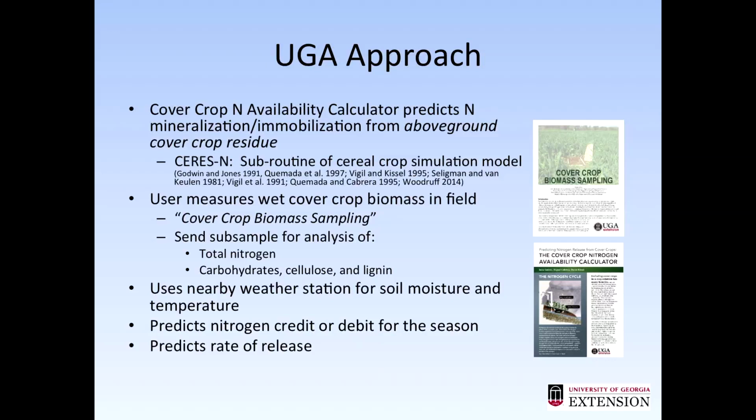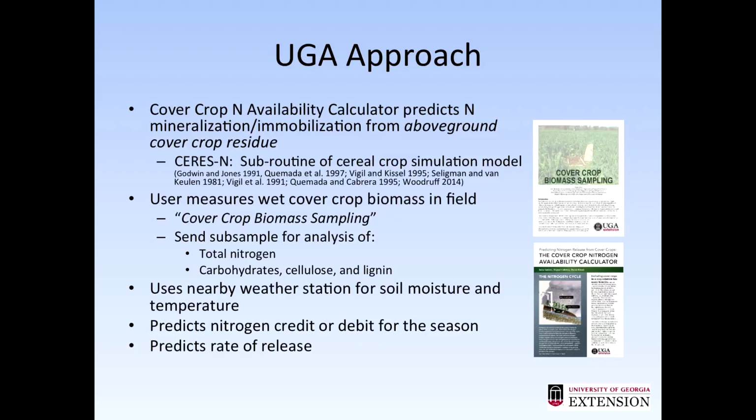great. People want to know there's a process behind it, but what they really care about is, if I use this, am I going to get a yield difference? So that's how I got involved in this. And so what this thing does is we get the user to take a wet cover crop sample in the field, and we have a couple of extension bulletins out there telling them how to take biomass samples and how the calculator works.